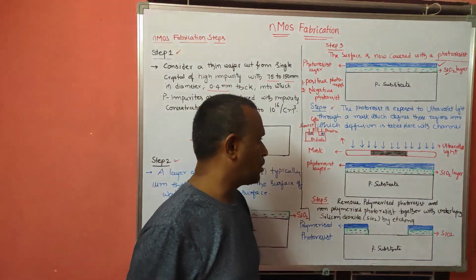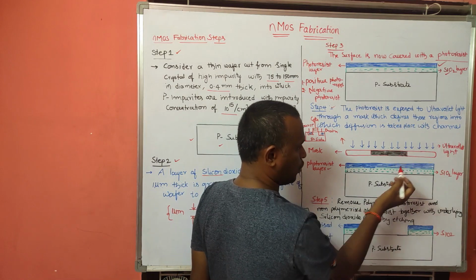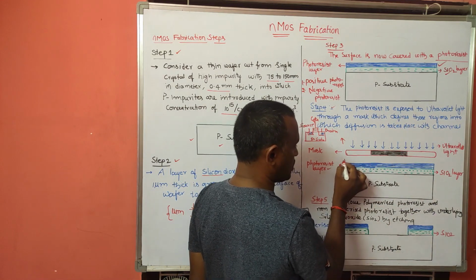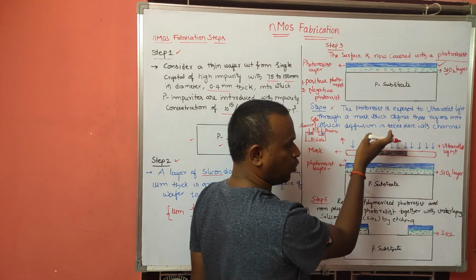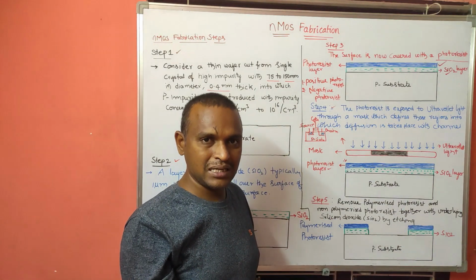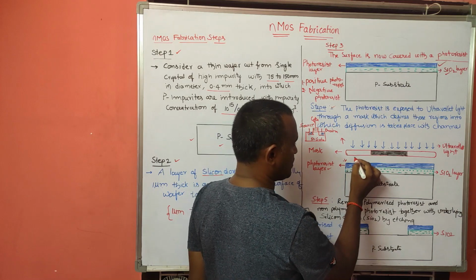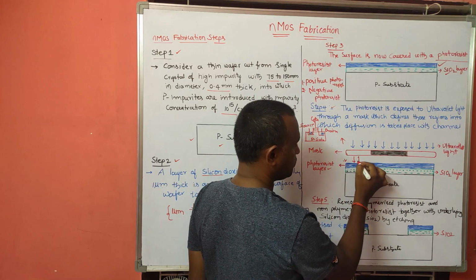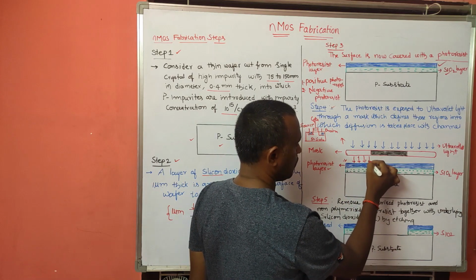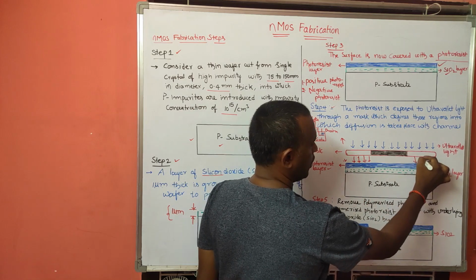So what happened here? When I expose this photoresist to the UV light by using the mask, the UV light will pass here, here and here.